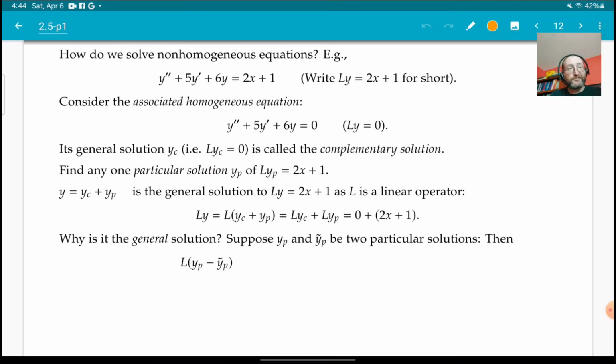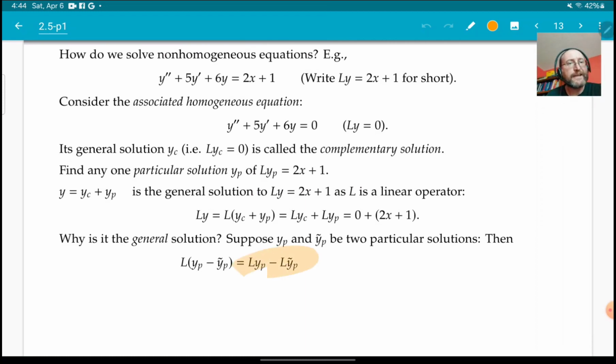Why is it the general solution? Do I definitely get all the solutions? Well, suppose that you look at two particular solutions. Any two, like you found them in two different ways, and you found two different ones. Let's look at their difference: L of y sub p minus L of y tilde, which is some other random solution.